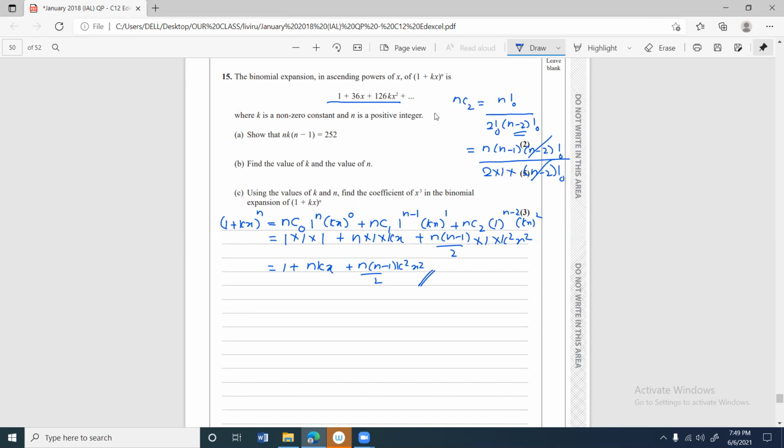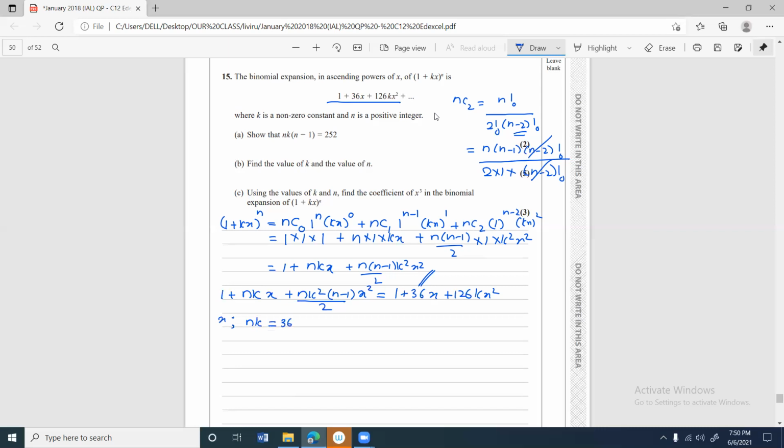Then they ask us to show that nk into n minus 1 is 252. Look at this: nkx plus nk squared times n minus 1 over 2 x squared equals 1 plus 36x plus 126kx squared. If you get the coefficient of x terms, nk equals 36.